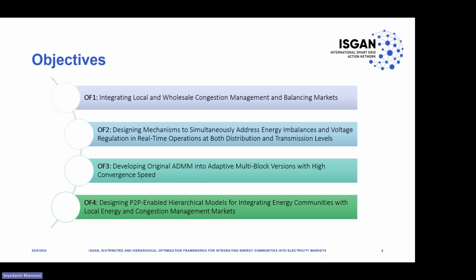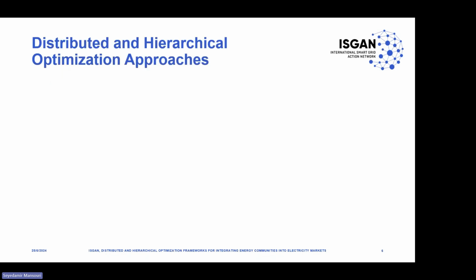The first one is ADMM-based, or based on a distributed optimization approach, and the second one is a hierarchical optimization approach. The hierarchical one has much less computational burden than the ADMM one, but can't achieve the global optimum solution, which we can neglect in the real world.